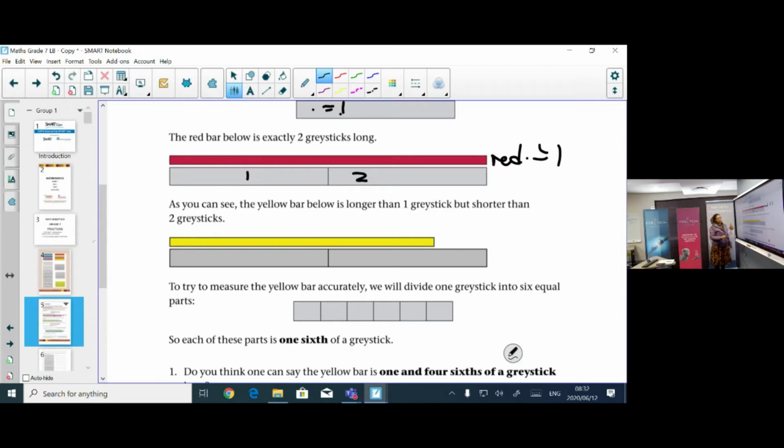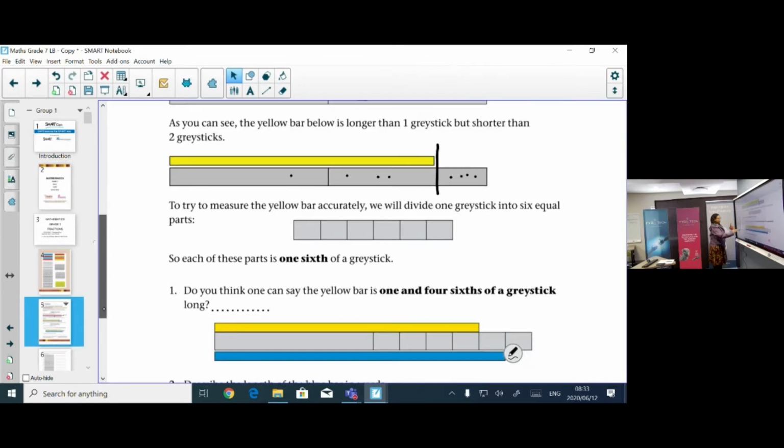If we take this as our measurement, for the yellow one we have 1 and 2, but here we don't know exactly how much that part is. So we need to devise a means of doing our measurement. To measure the yellow bar accurately, we will divide 1 gray stick into 6 equal parts: 1, 2, 3, 4, 5, 6, and see what we get.